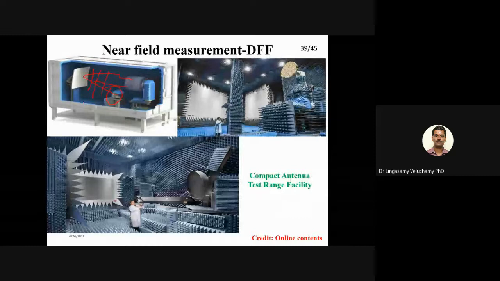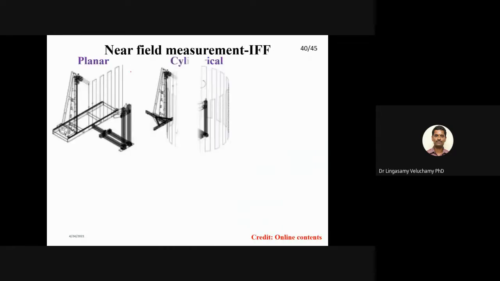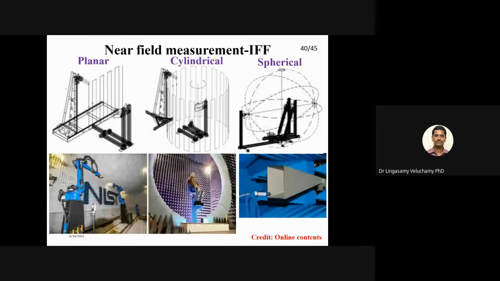So this is the near field measurement. Here we are estimating the direct far field pattern, but in the indirect far field you use probes to measure. Sometime before we mentioned that in an antenna field range you have a reactive near field, radiating near field, and far field, right?